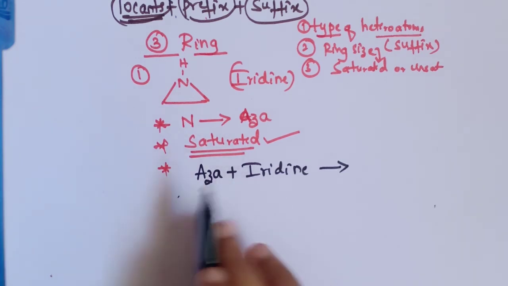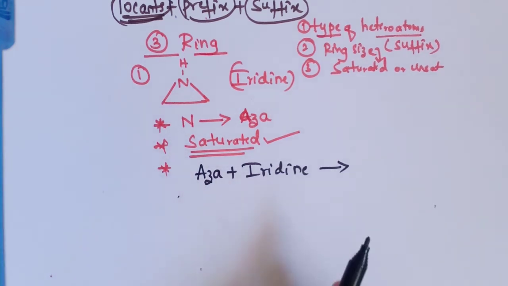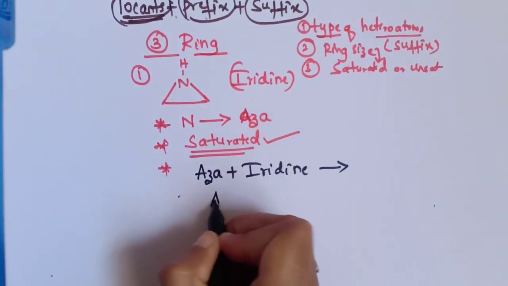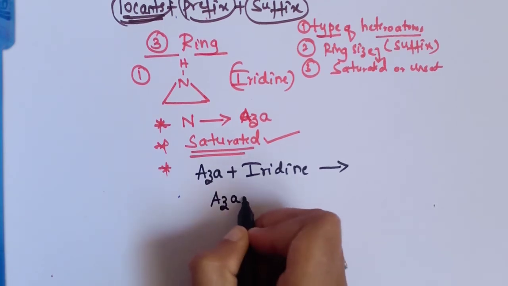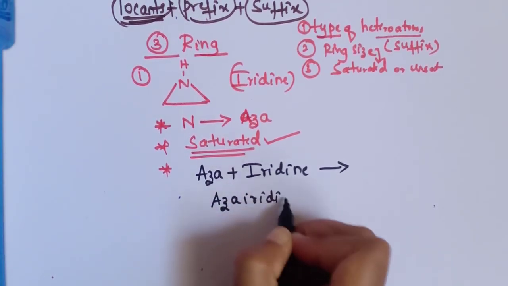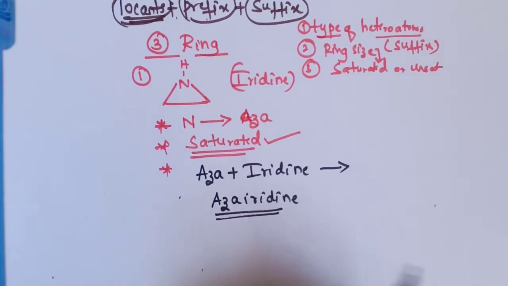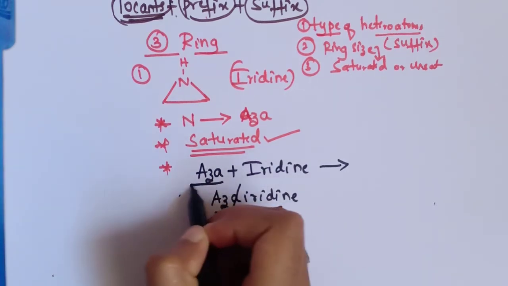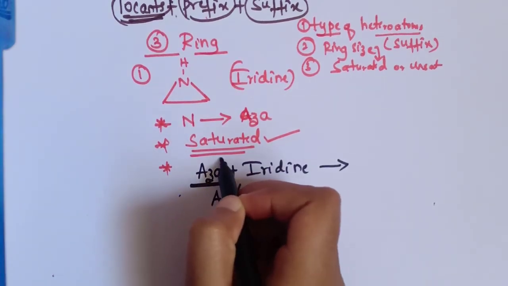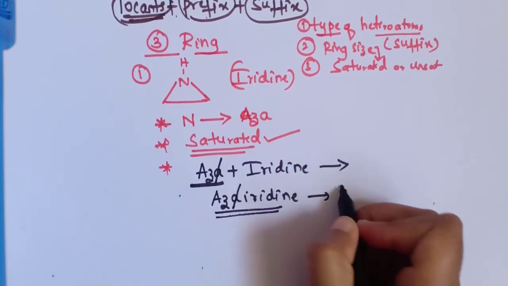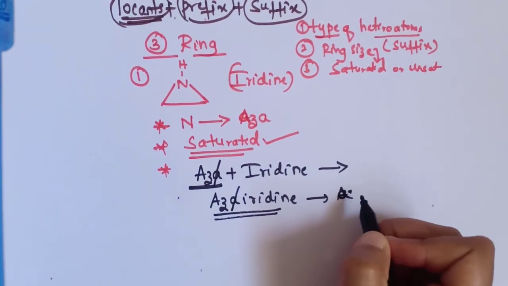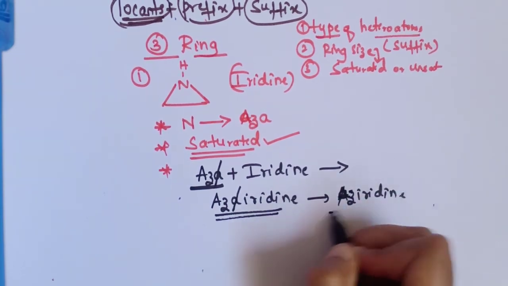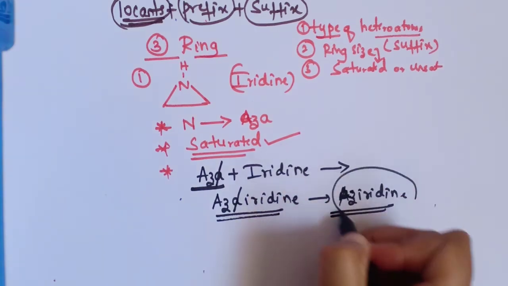So we drop the last letter of the first part, which is A, so aza plus iridine becomes aziridine.